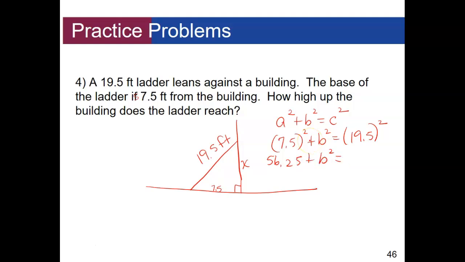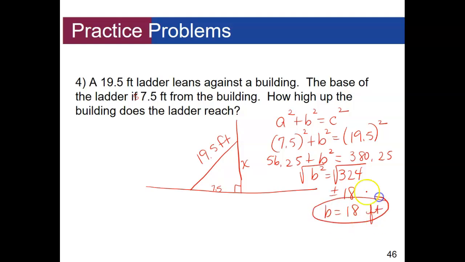That's going to be equal to 19.5 squared, which is 380.25. So b squared, we're going to subtract the 56.25, and we'll have 324. Take the square root of both sides, and we're going to get plus or minus 18, but because we're talking about real sides here, b is going to be equal to 18, and that would be feet. So the Pythagorean theorem is another model that you may use when you are setting up these problems, especially if they're geometric.